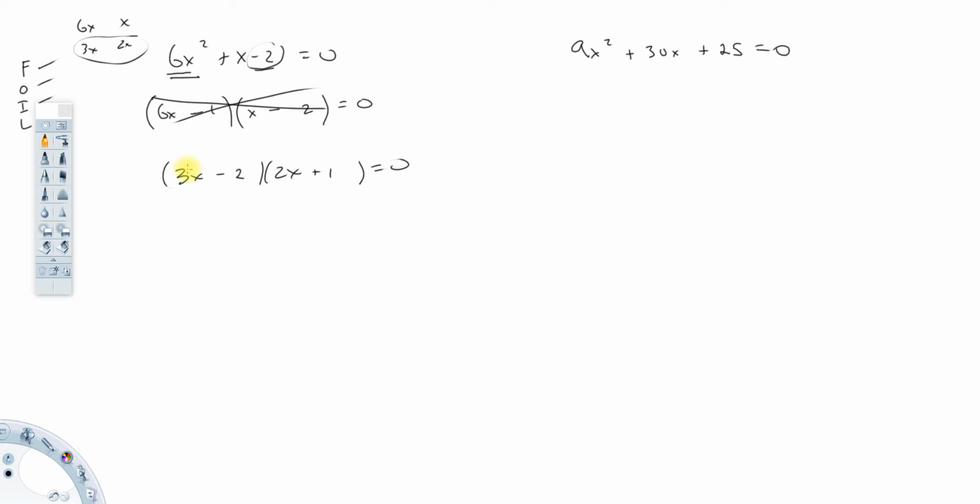So you just have to check your outer and inner terms. 3x minus 4x, that's minus x. Now, it doesn't work, but it's close. So then maybe we try this. And now we get minus 3x plus 4x. There's our plus x, and then minus 2. So this is a correct factorization.